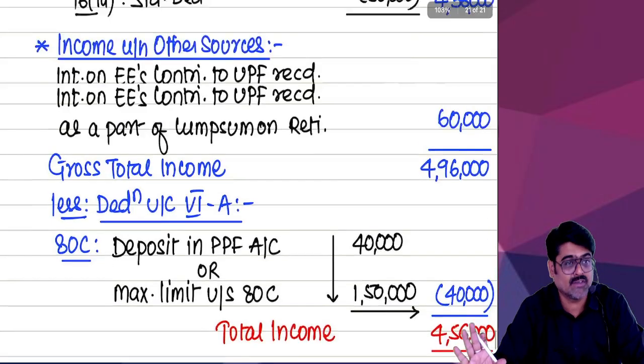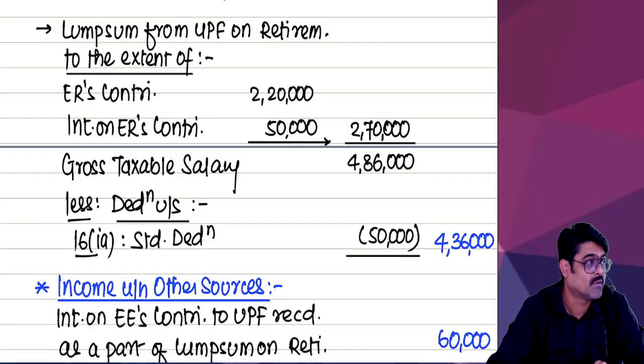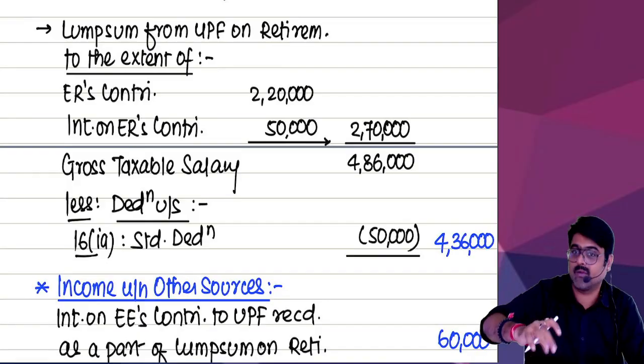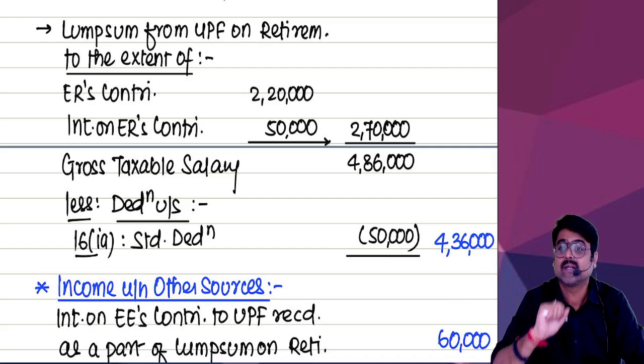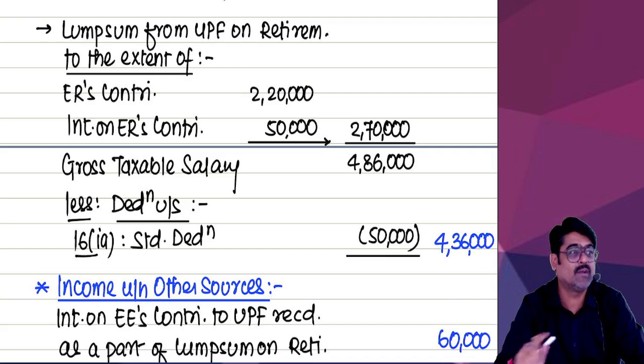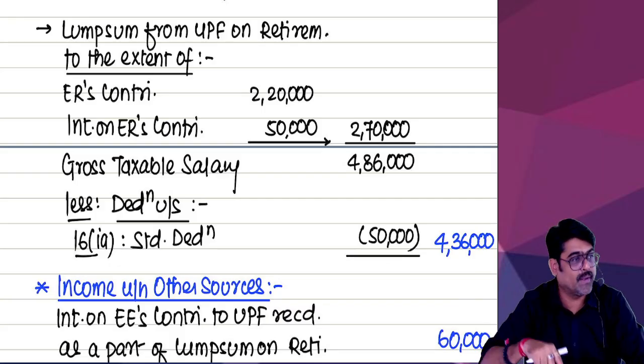If these kinds of questions come in the exam, they will be coming as MCQs, case scenarios. You'll have to do the calculation on the calculator and 4 options will be given. You'll have to choose the correct option. They will tell you the amount of total income, and 4 options will be given.